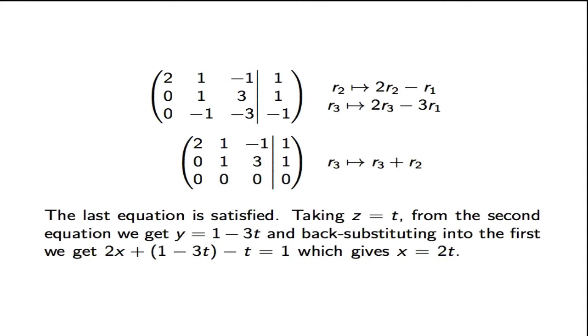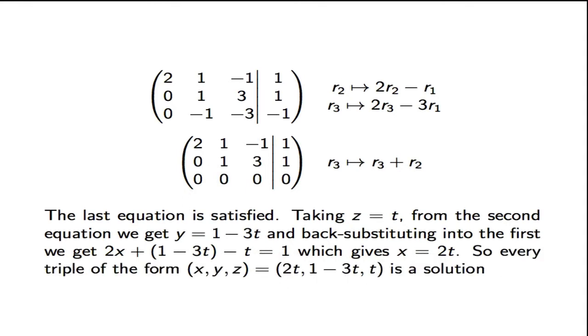And then we can back substitute both y and z to get 2x plus y, which is 1 minus 3t, minus z, which is minus t, equal to 1, which gives x equals t. So every triple of the form x, y, z equal to 2t, 1 minus 3t, t is a solution.